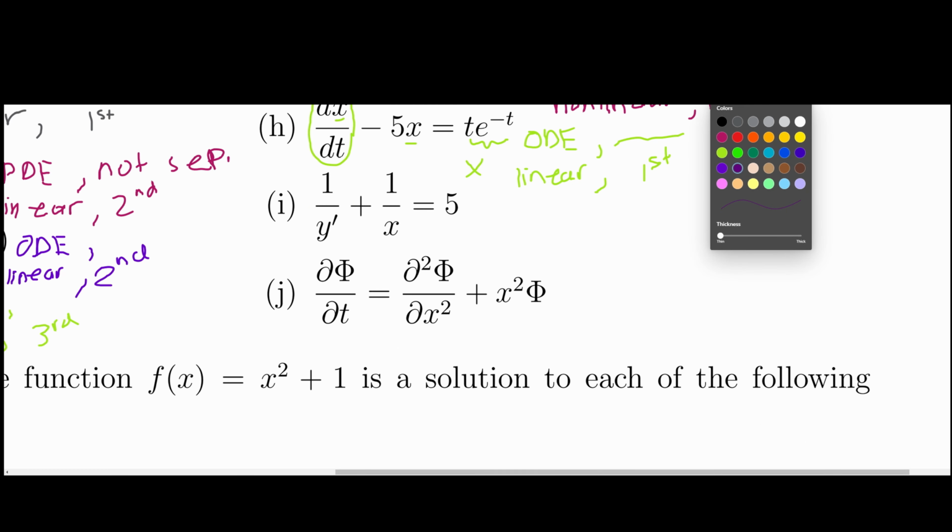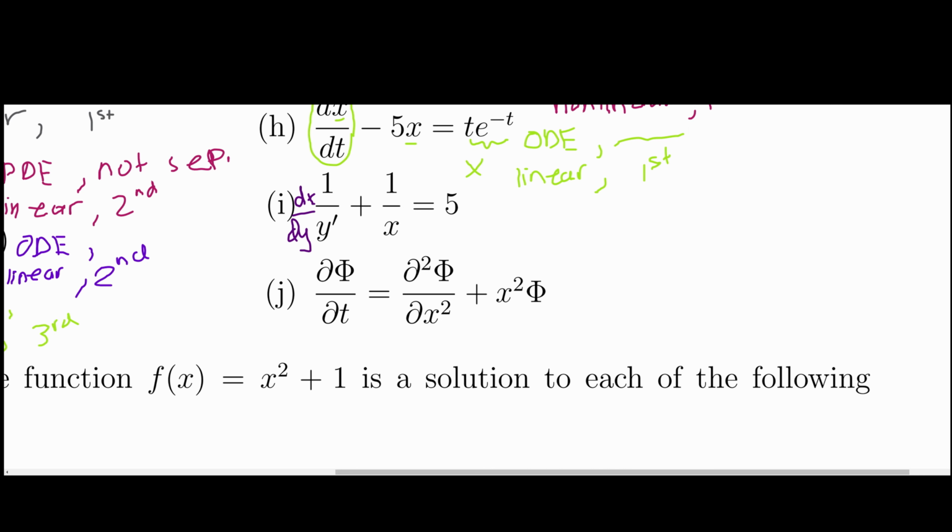For part I, we look at this d of y, which is really d of x over d of y, because it is 1 over d of y over d of x. And when you multiply that, flipping it to the top, you flip it over to be dx over d of y. Since this is the only differential equation in this equation, it becomes an ODE. Now, is it linear or nonlinear?